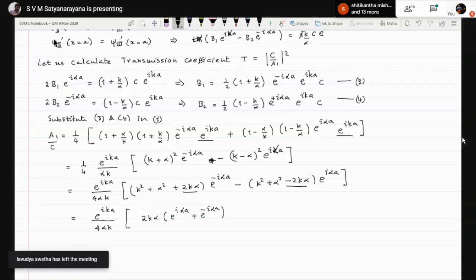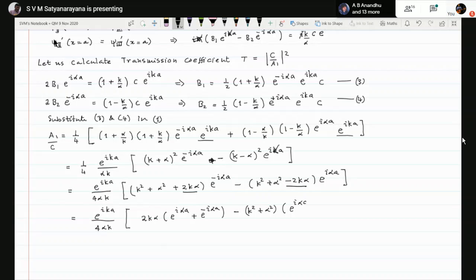On the other hand, I have minus k square plus alpha square. Pull out a minus sign. Then I will have e to the i alpha a minus e to the minus i alpha a. So now you can write this in terms of cos and sine.